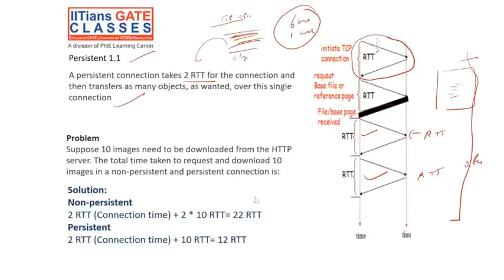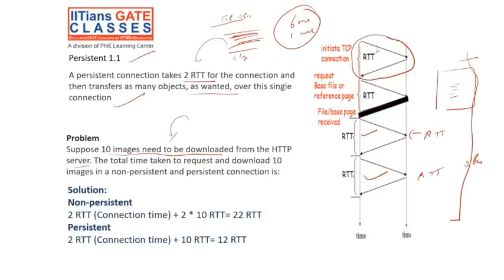Now see this example. This is a normal question, then you will understand. Suppose 10 images need to be downloaded from the HTTP server.